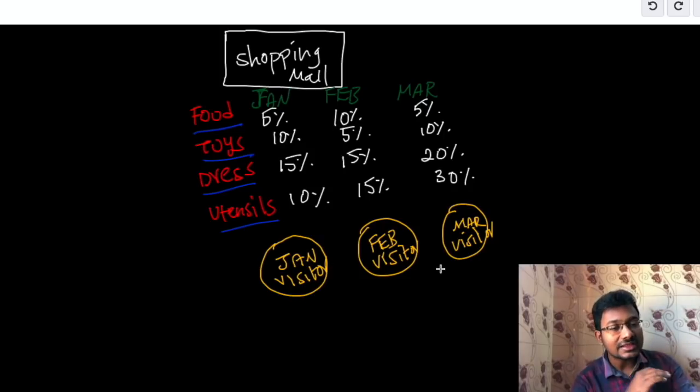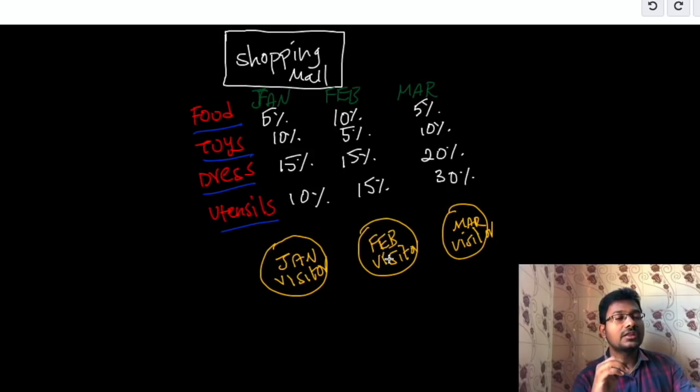So these are the three visitors who are visiting the products or elements, and they are executing some algorithm. If the Jan visitor visits the food, toys, dress, utensils elements, then it determines the tax percentage for that month. Then the next visitor comes for the next month, February.